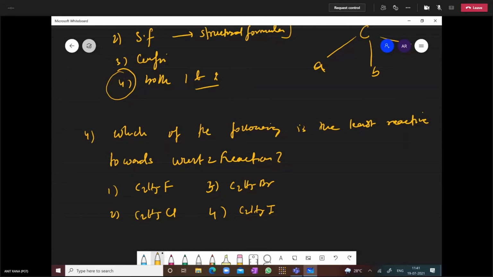Which of the following is the least reactive towards Wurtz reaction? What is Wurtz reaction, first of all? Alkyl halide. Now think what will be the least reactive towards Wurtz?